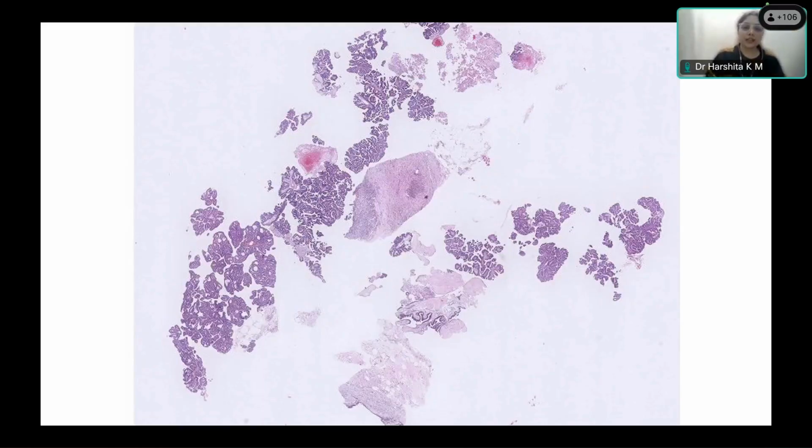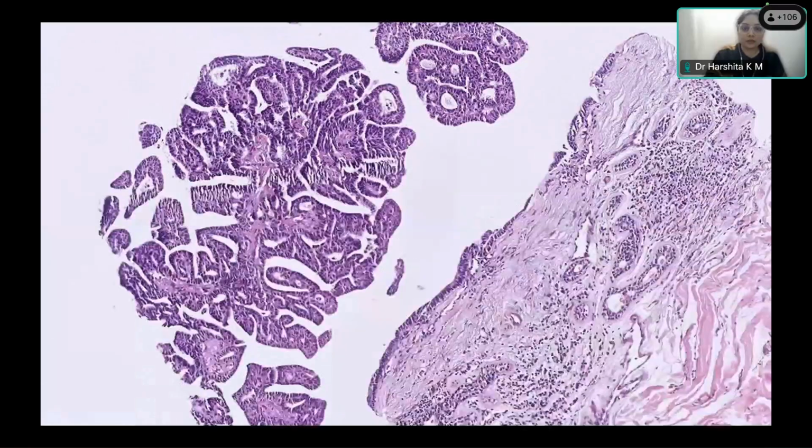Section study shows breast tissue with tumor cells arranged in papillary pattern. On higher magnification, papillary neoplasm noted with delicate fibrovascular core lined by atypical ductal epithelial cells. Next slide.